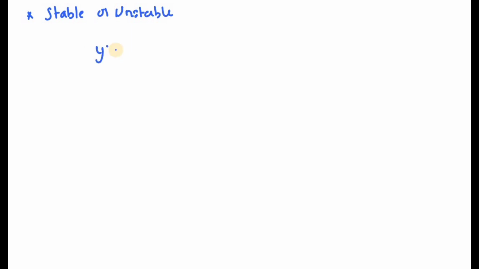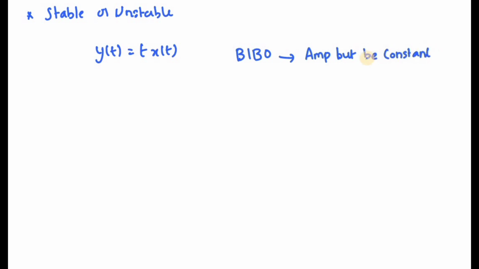y of t is equal to t into x of t. So here you can see the condition is I should get bounded input, bounded output. What it means is the amplitude must be constant, so it should not vary.